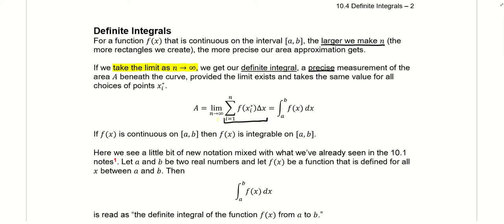But if we take the limit of the Riemann sum, where we let n go to infinity, so essentially we create an infinite number of rectangles, what that gives us is the exact area under the curve. And that exact area is the definite integral.